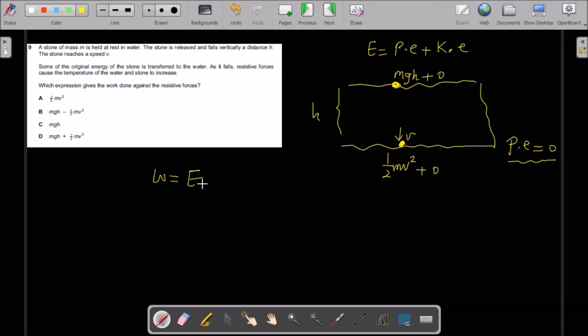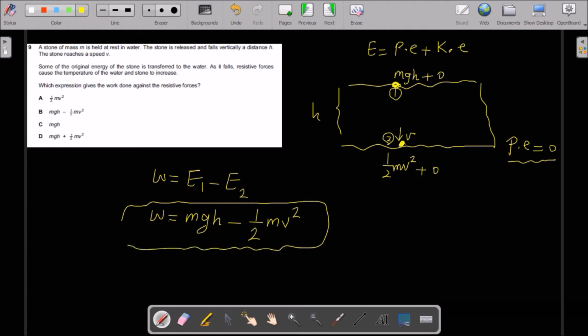So mechanical energy at point 1 minus mechanical energy at point 2. At point 1 we have mgh plus 0, minus at point 2 we have 1/2 mv squared. So this is the work done against resistive force. Based on this, B will be right.